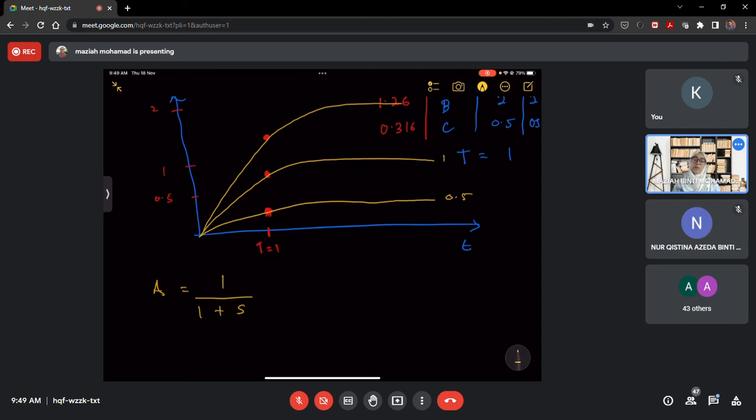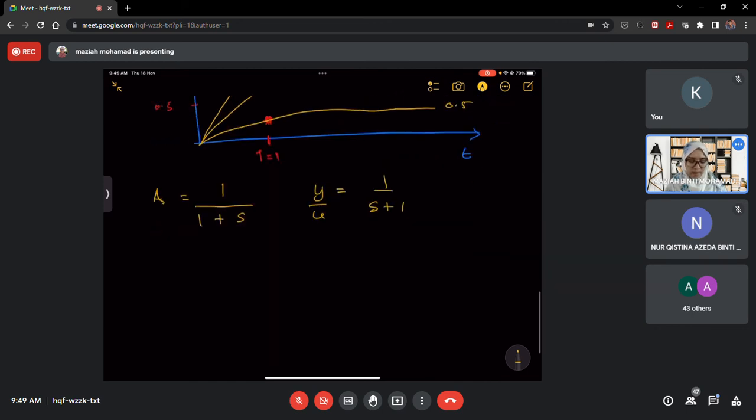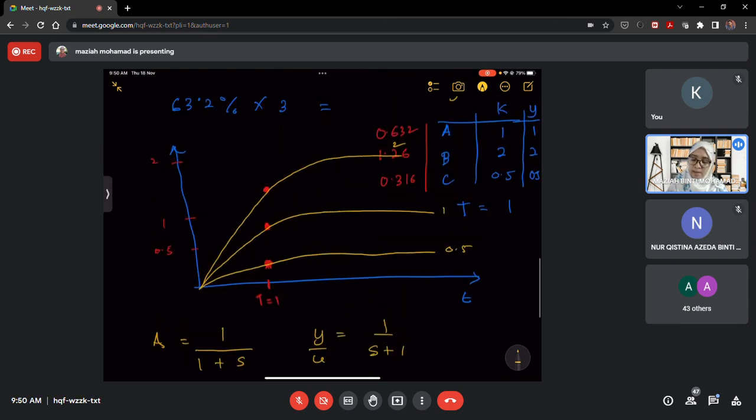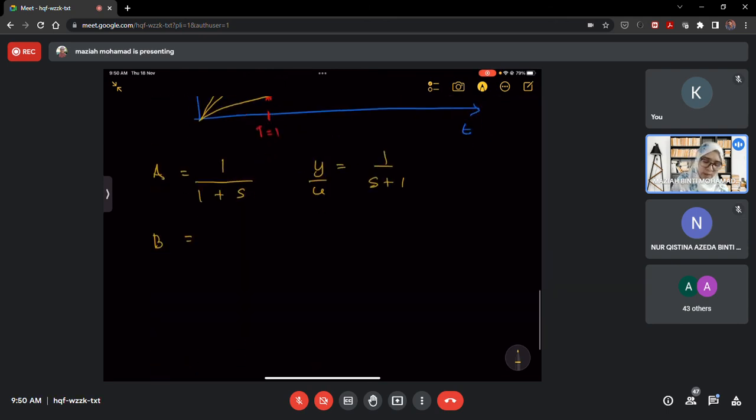That is the transfer function for the system, or Y over U equals 1 over S plus 1. For B, let's say K is 2, so it is 2 over S plus 1. C is 0.5 over S plus 1. The 1, 2, 3 is the K, and then here we have the T.